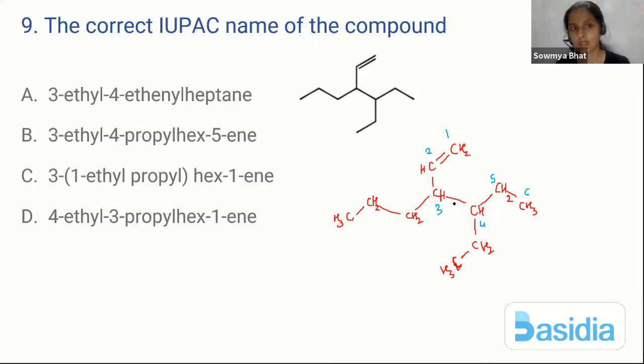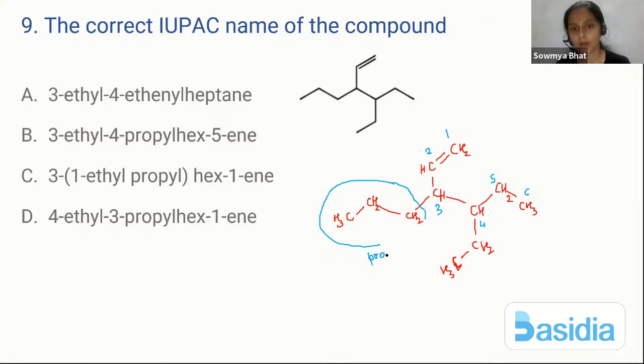Now, see, in the given options, there are 6 carbon atoms, so it should be hex. And after that, there is a double bond at the first position. So retain hex-1-ene everywhere and rule out the other options. So option A and B are gone now. Now see the position of the substituents. At the third position, you have a group which is called propyl, because there are 3 carbon atoms.